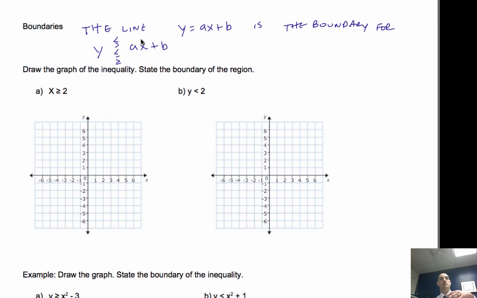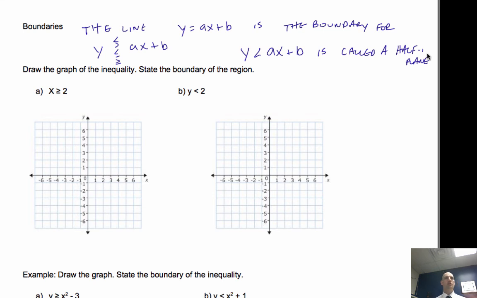Okay, so the line is the boundary. And so y less than ax plus b is called a half plane. It's called a half plane because you basically take and split it, one half or the other.